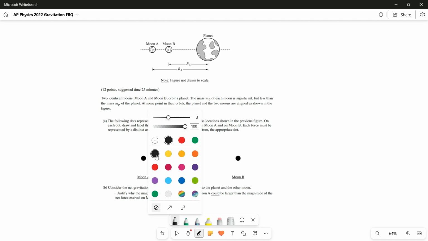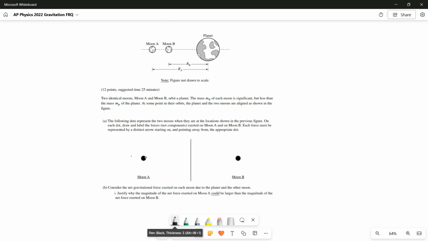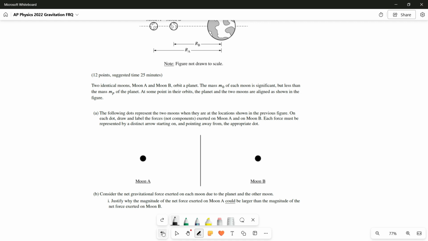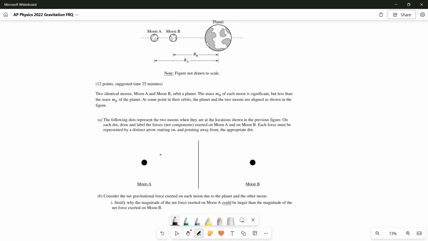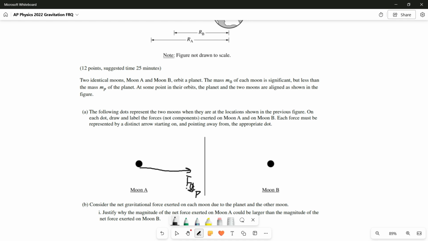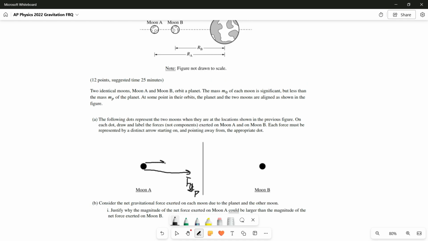And obviously, Moon A will have two forces going to the right, and one force will be much greater than the other, and that is the force of gravity provided by the planet, because it has a greater mass, as given by the problem.